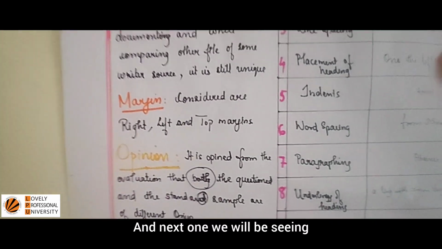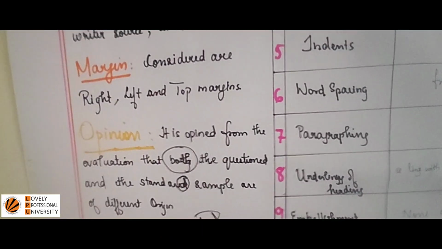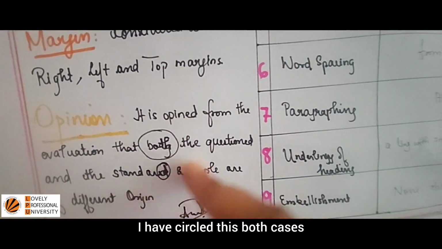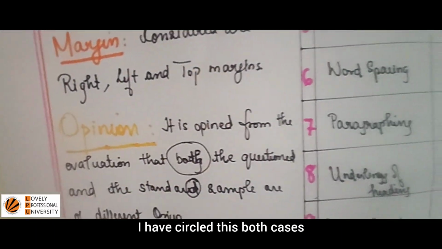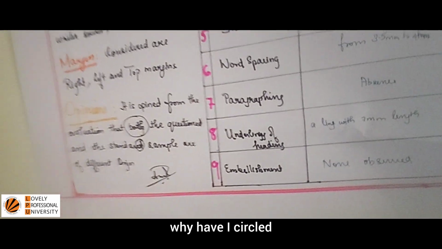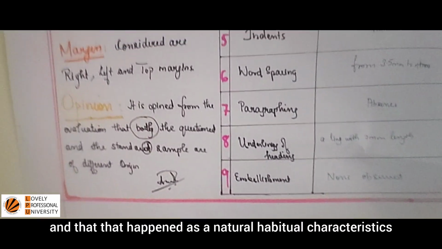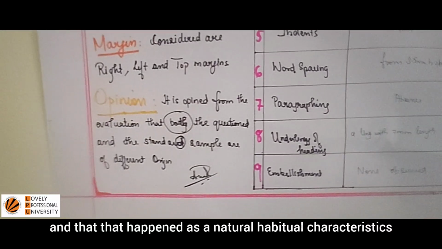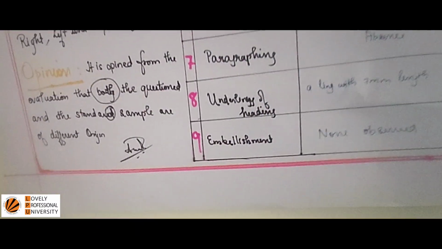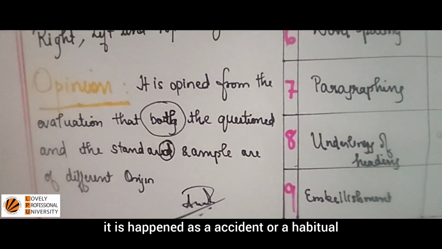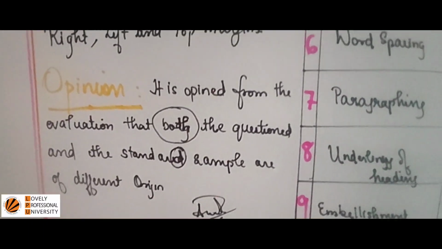And next one we'll be seeing, as we have already seen, is what I have circled in both cases. You will be asking, why have I circled? That happened as a natural habitual characteristic, or you can say individual or anything. It happened as an accident or a habitual one.